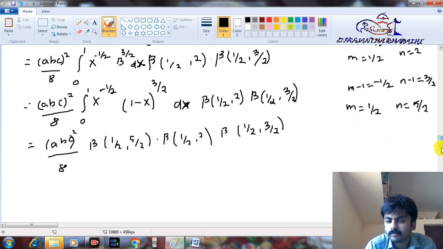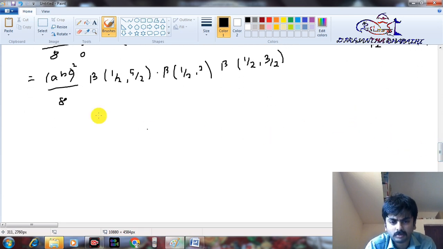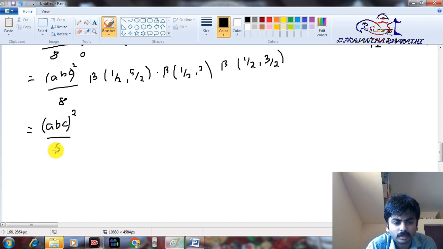Okay, now I am having (abc)^2 divided by 8 into gamma of 1 by 2 gamma of 1 by 2 gamma of 5 by 2.